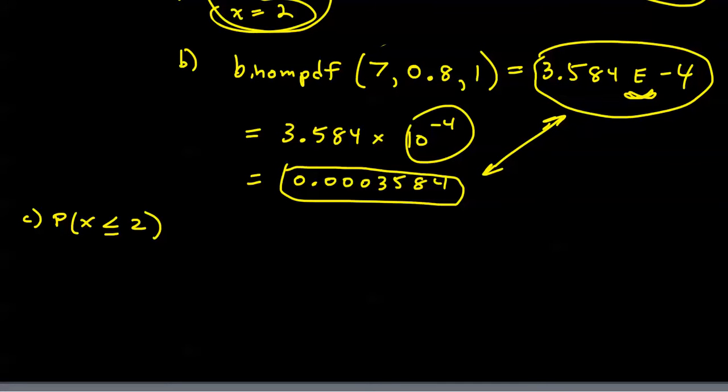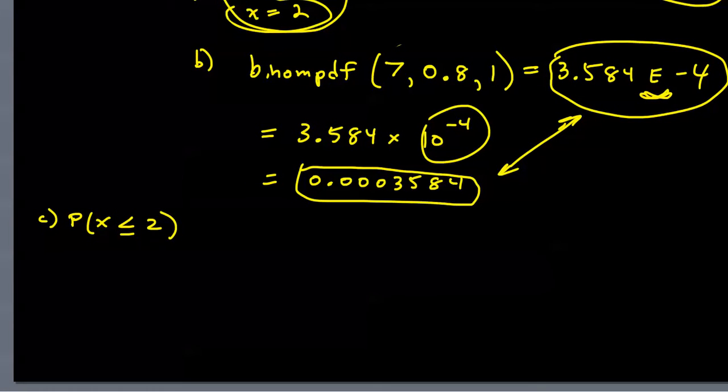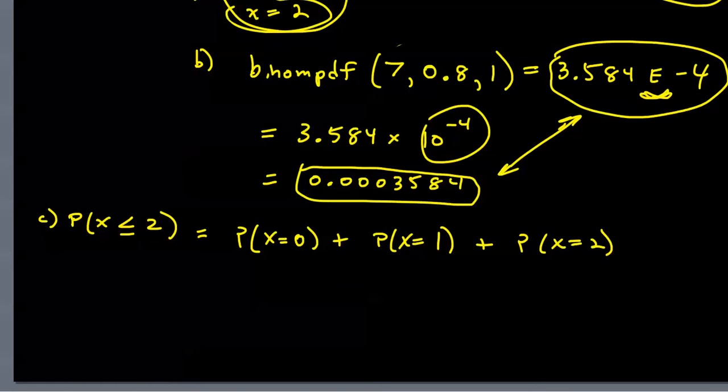So I want the probability that X is less than or equal to 2. Well, I can say this is the probability that X is 0 plus the probability that X is 1 plus the probability that X is 2. Taking the 0 case, the 1 case, and the 2 case and adding them up individually according to our addition rule.